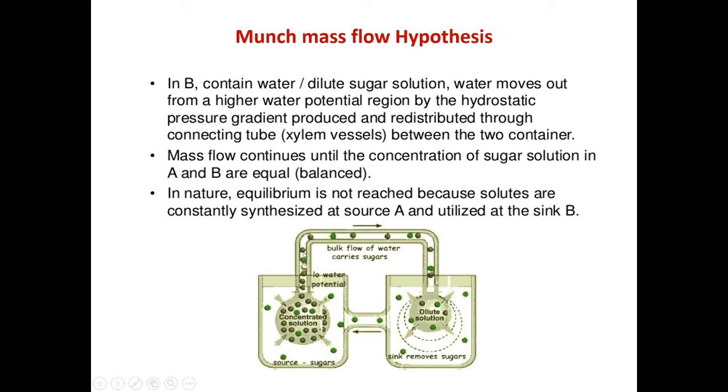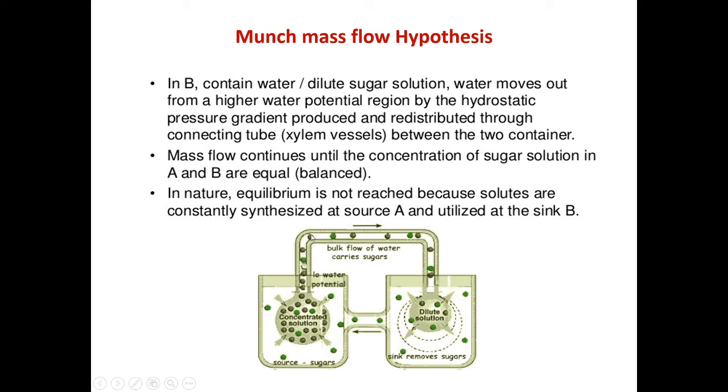And this pressure is transferred from A to B through the tube. Okay, so the solution will flow in mass from A to B. You can see here clearly the molecules are moving from A to B. So due to the turgor pressure that is developed here, these molecules move from this.